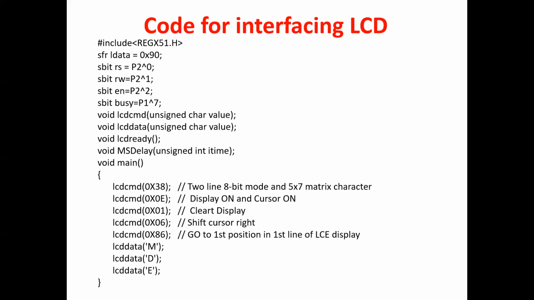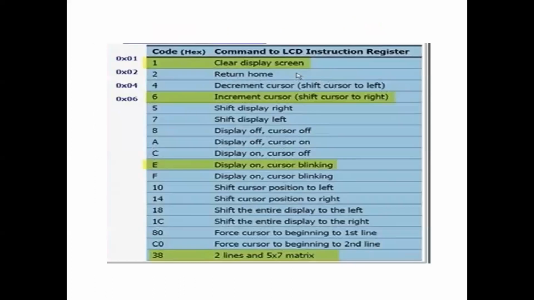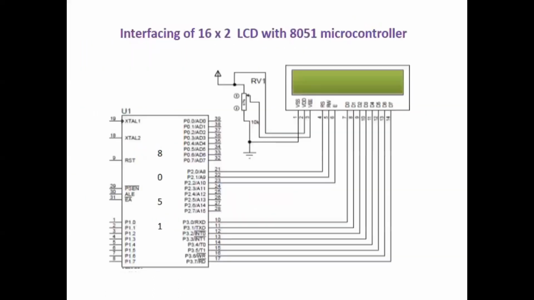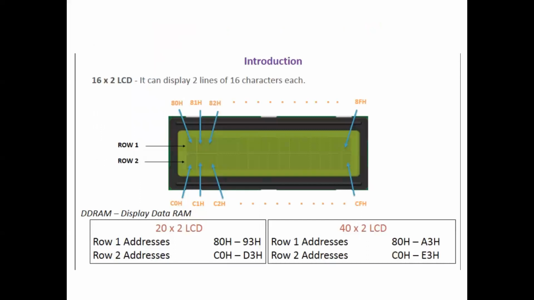The first position of the first line has address 0x80, but we are giving 0x86. 0x80 means here, but 0x86 corresponds to the position 80, 81, 82, 83, 84, 85, 86.